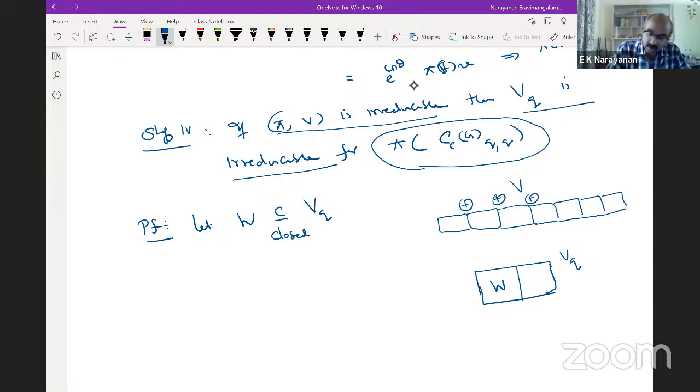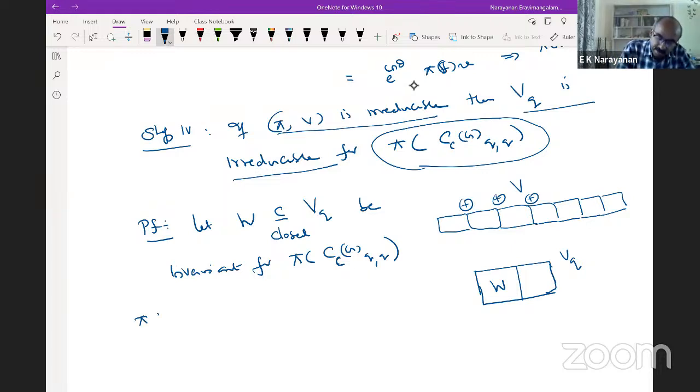So W contained in VQ is closed and invariant for pi of CCG QQ. That means pi f w will be in W if w is in W and f is in CCG QQ. That is what we mean.